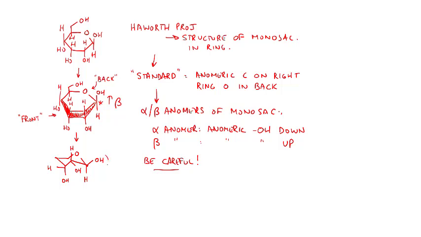And so those substituents that are sort of in the plane of the ring, those are said to be equatorial, and those above and below the plane of the ring, those are said to be axial.